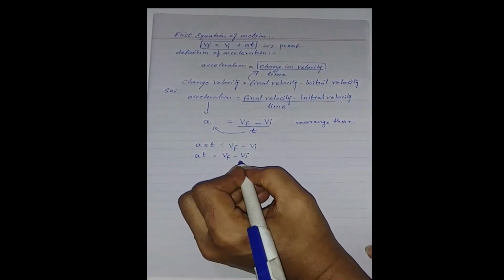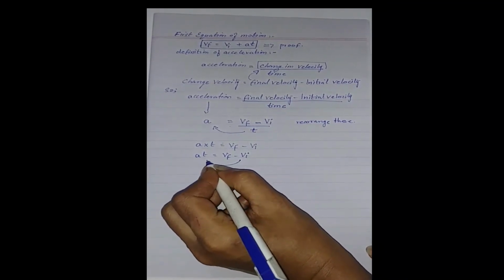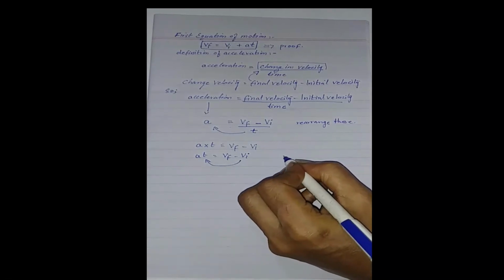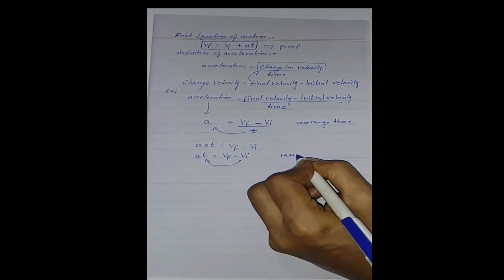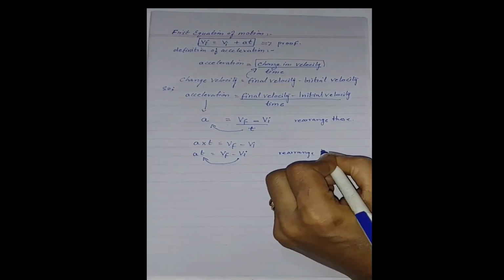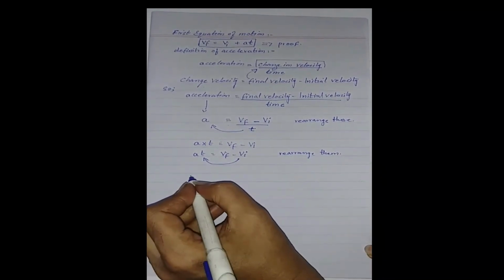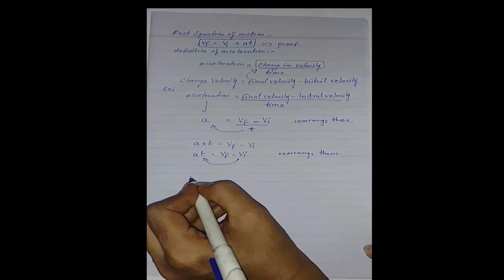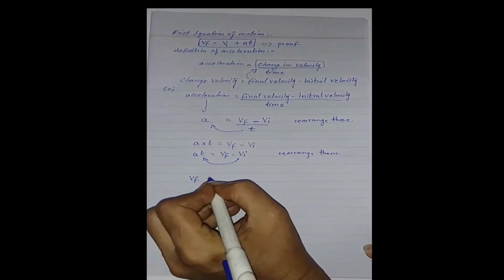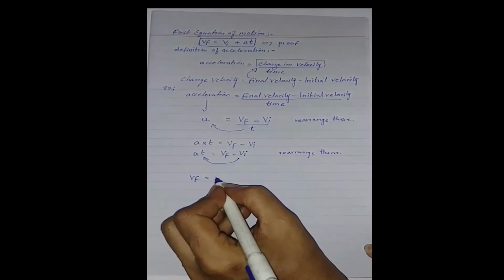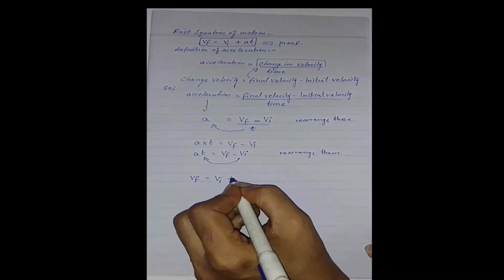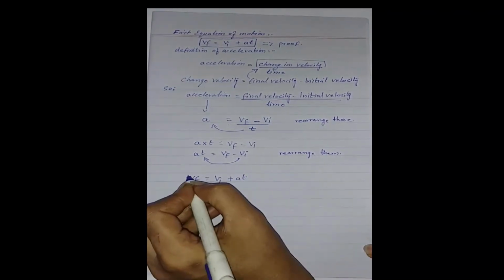If we move Vi from here to there, we are again going to rearrange them simply. So the equation will be Vf equals Vi plus At.